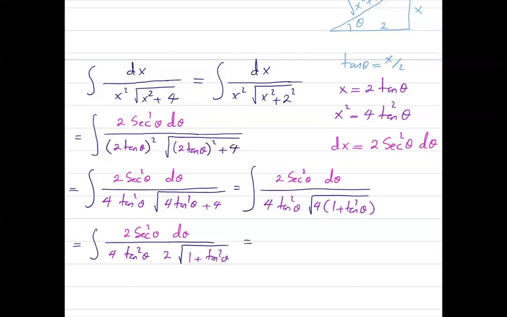So you can get rid of 2 and 2. Why not simplify this on the way? You get the integral of secant squared theta d theta divided by 4 times tangent squared of theta times the square root of secant squared. Okay, now I see some hope.